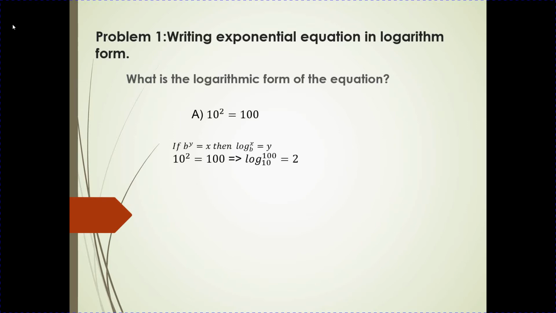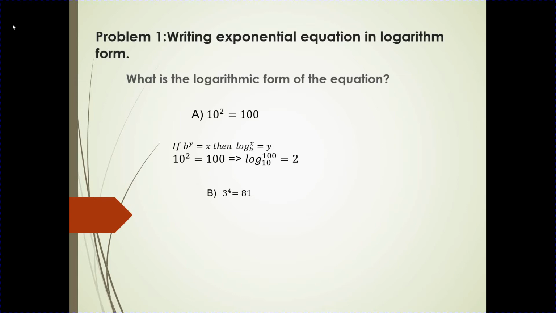That means if b to the power of y is equal to x, then logarithm of x to the base b is equal to y. Therefore, 10 to the power of 2 is equal to 100 means logarithm of 100 to the base 10 is equal to 2. Part B, 3 to the power of 4 is equal to 81.